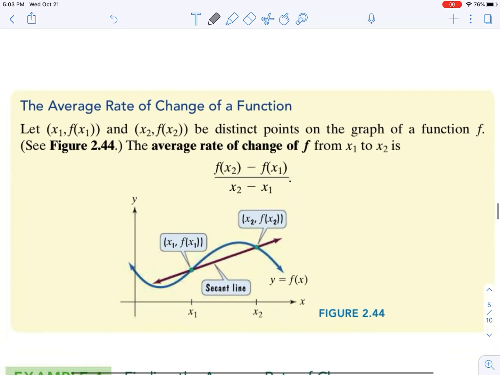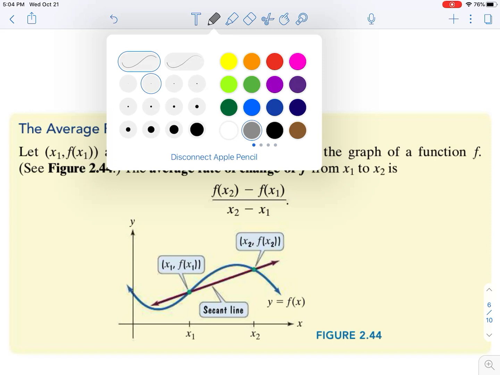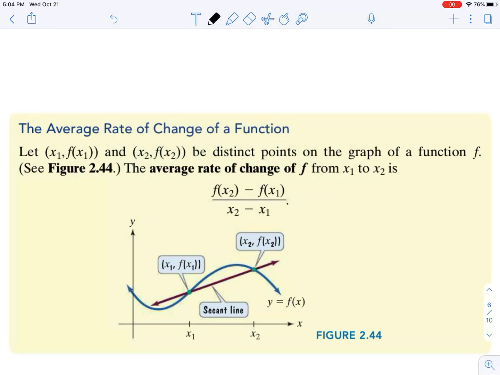We can use this information and the formula to find the average rate of change of any function. If you recall, in an actual function, we refer to the points as x and f of x. So therefore, the first number that you are given, your x1, you will plug in and get a value for your f of x1.